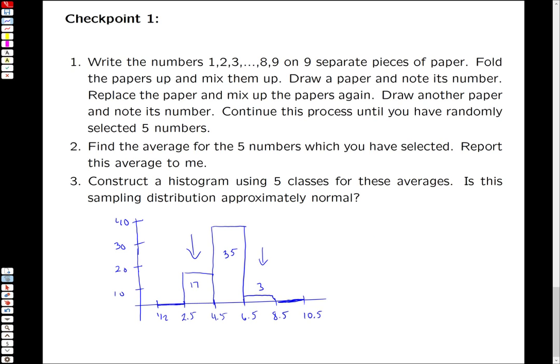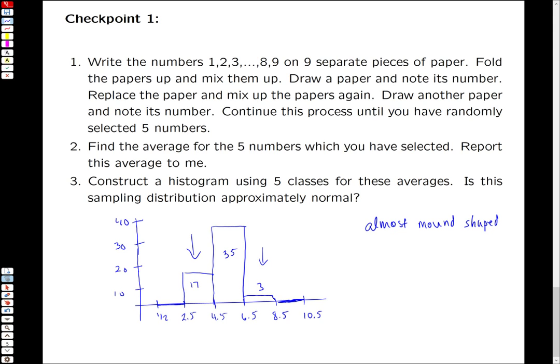We'll go with that. It isn't skewed left or right. It's the middle class there that has a different amount on either side. But it isn't really skewed left or right. So it's almost mound-shaped. It's getting close to being normal.